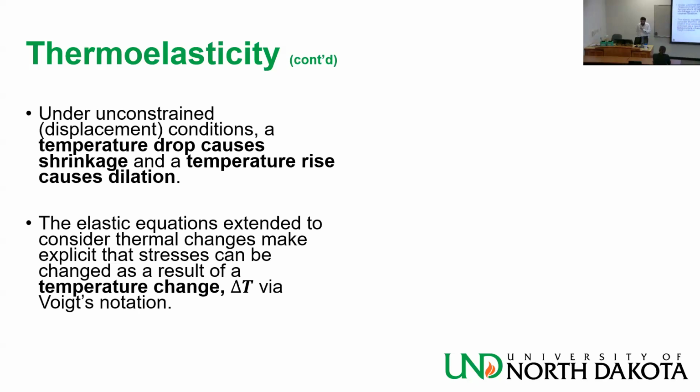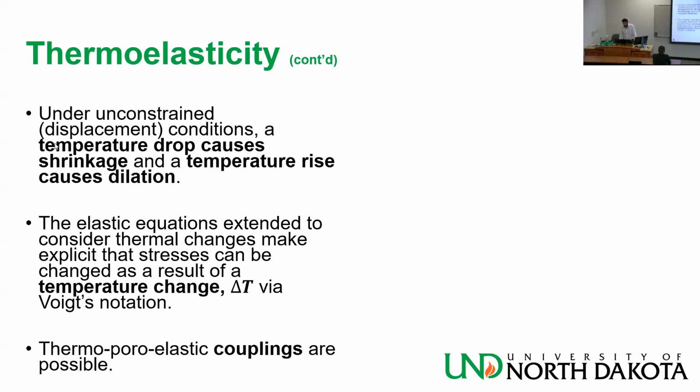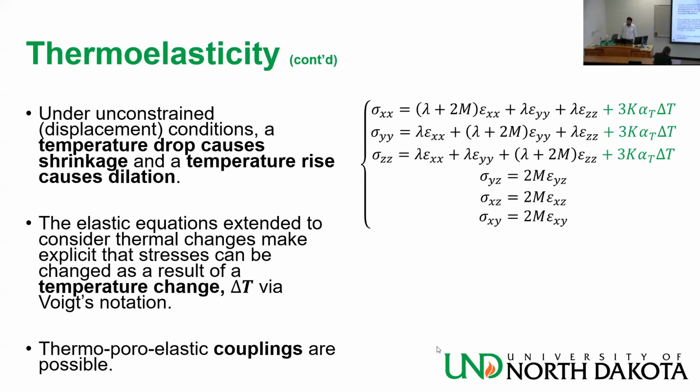So what this says in a few words is I want to take the Voigt's notation, the matrix, and incorporate this delta T somehow. And I'm asking if this is possible. And then you have thermoporoelastic couplings made possible, if I can make the matrix adjust for those. Here you are.